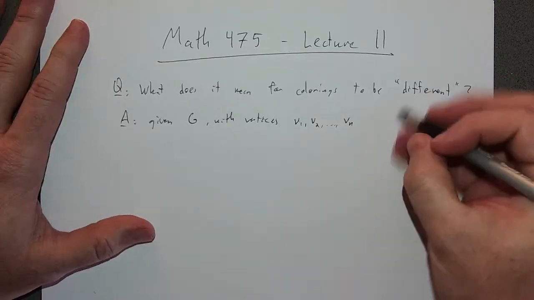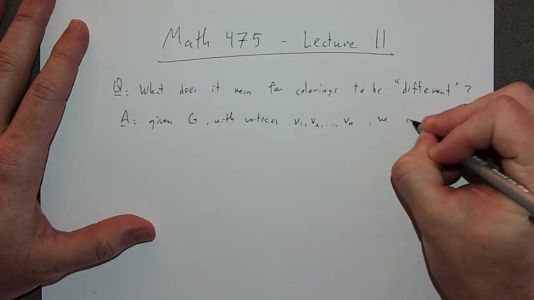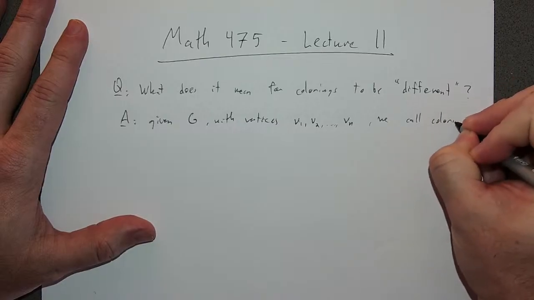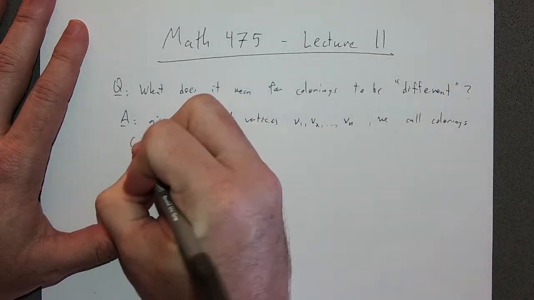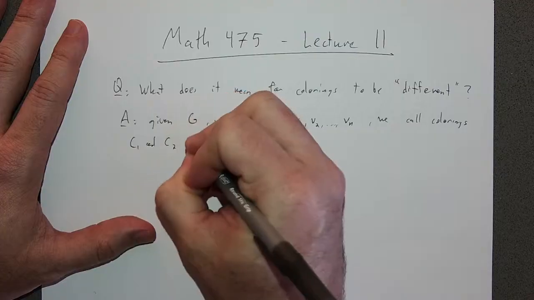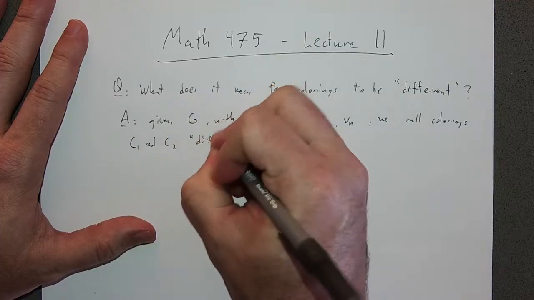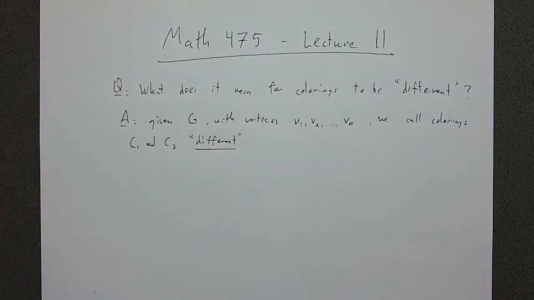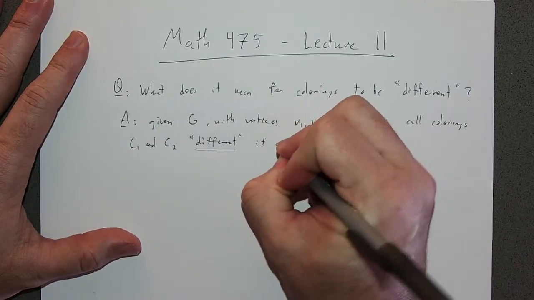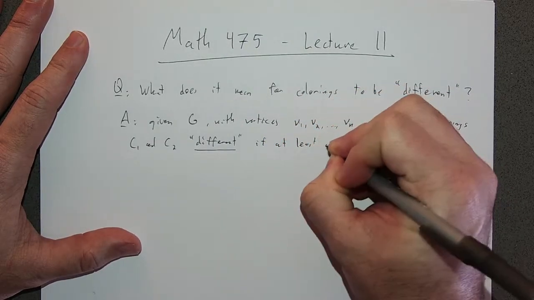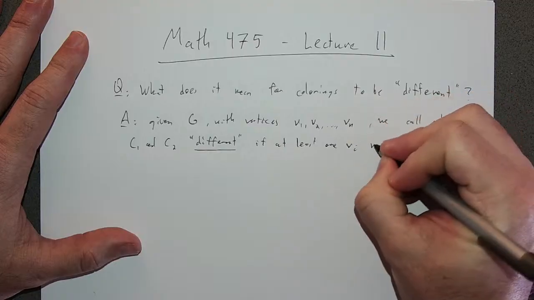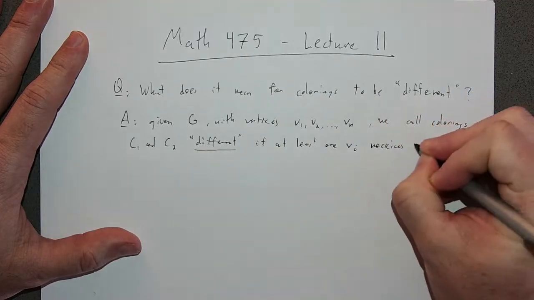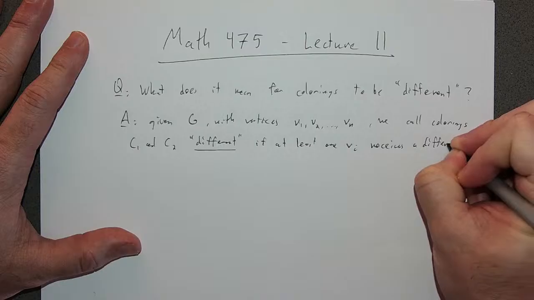So we will call colorings C1 and C2 different, or distinct, if at least one vi receives a different color in C1 than it does in C2. That seems fair.